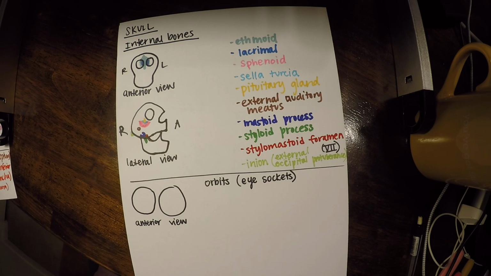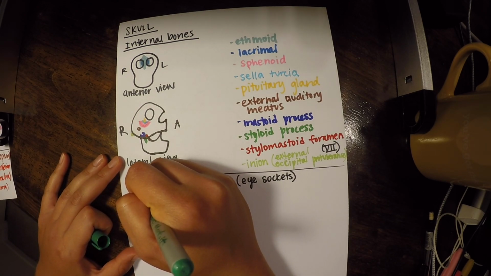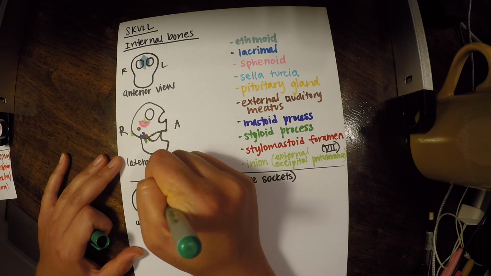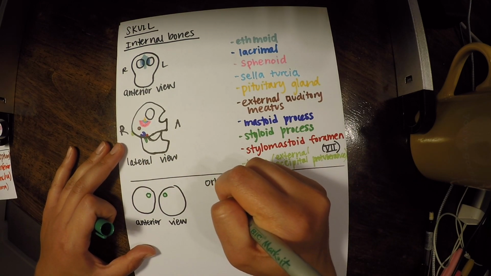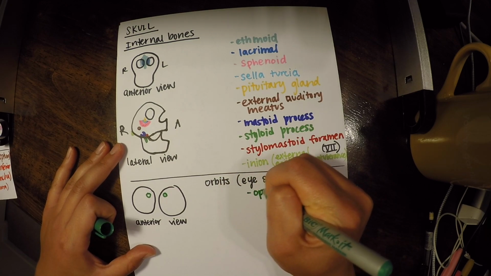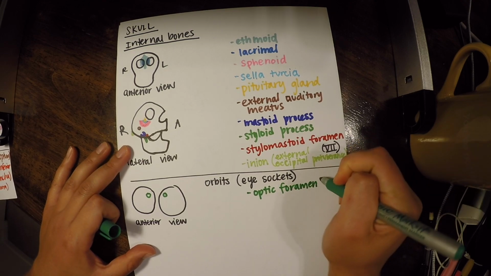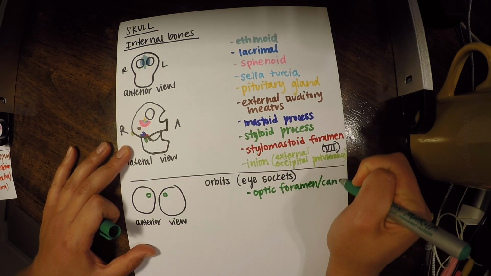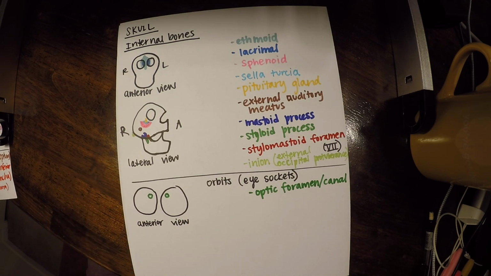Now within them, you're going to have a few different things. You're going to have different canals that you'll be able to see. So I'm just going to draw them out. The first one is the optic foramen, which is also sometimes called the optic canal, that we pointed out in that first picture.